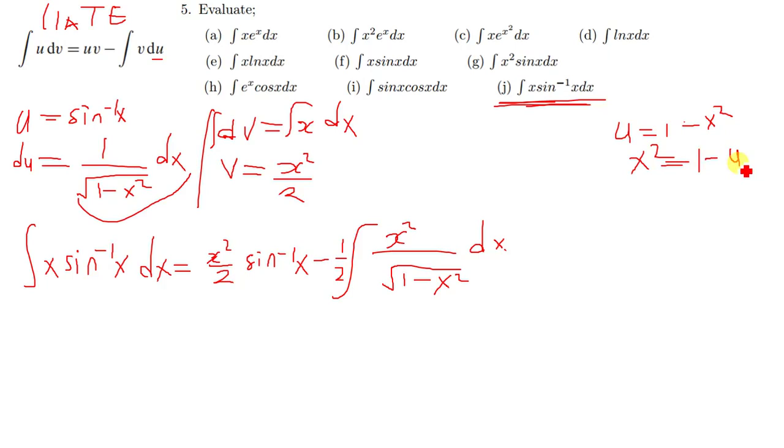So in short, where there's x squared here, you can put 1 minus u.